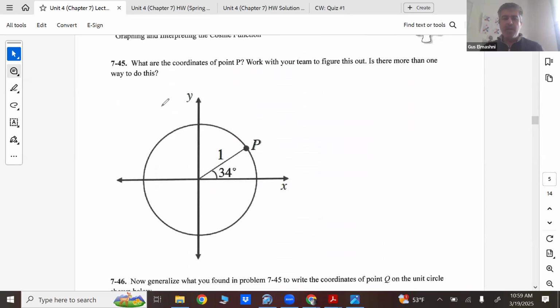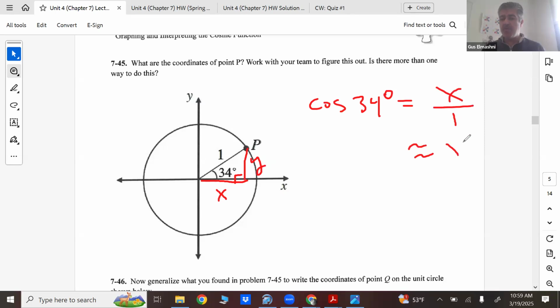All right, so we want to find the coordinates of point P. I'll call this X and this Y, because X is horizontal, Y is vertical. So I could do some trig. For example, cosine of 34 degrees equals x over 1, so I can solve for x.